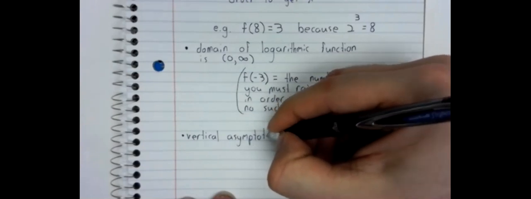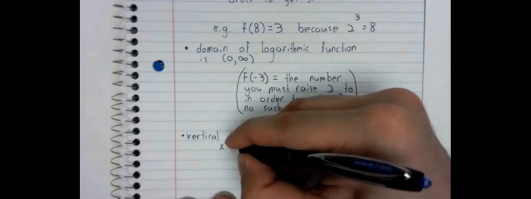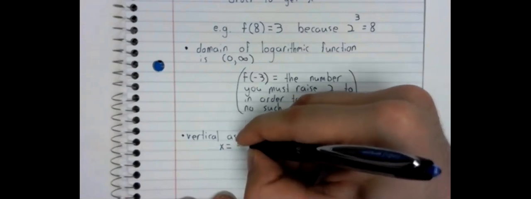And the vertical asymptote is always the same. The logarithm merges into the line x equals 0.